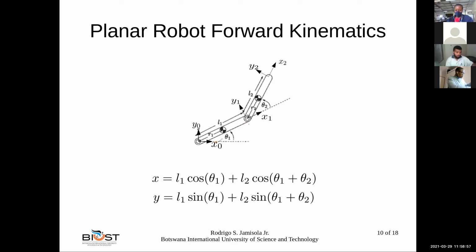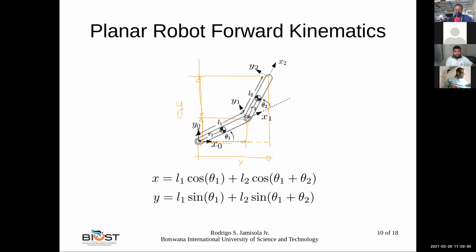Now, what is this component? To know the position of this hand with respect to the base, we just need to compute this distance. That's the hand, or that's the X. And also we need to compute that distance, your Y. But that Y is composed of this distance plus another distance.